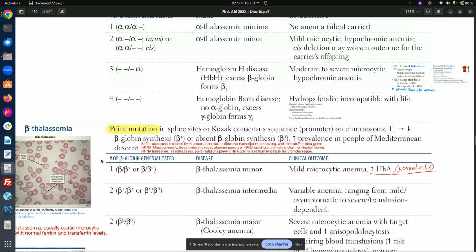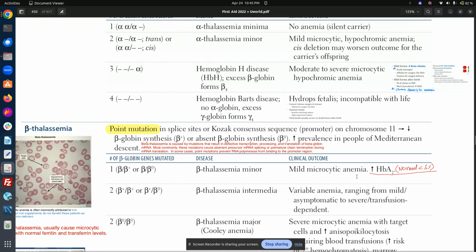When one gene is normal and the other gene has decreased beta globin chain synthesis, or when one gene is normal and the other has absent beta globin synthesis, it leads to beta thalassemia minor.